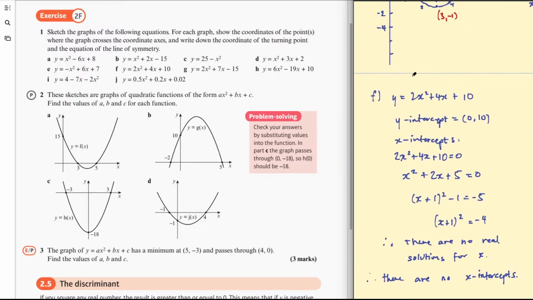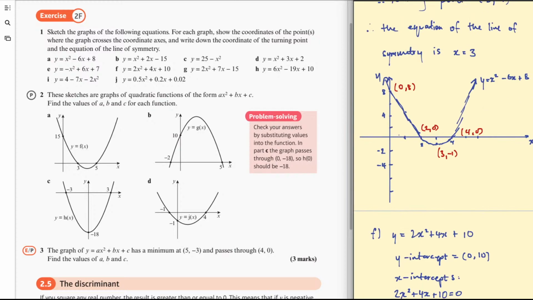Oh, and that's something I forgot to draw in up here, so I needed to draw that in the graph as well, so that was here. So this was the line of symmetry at x equal to -1.